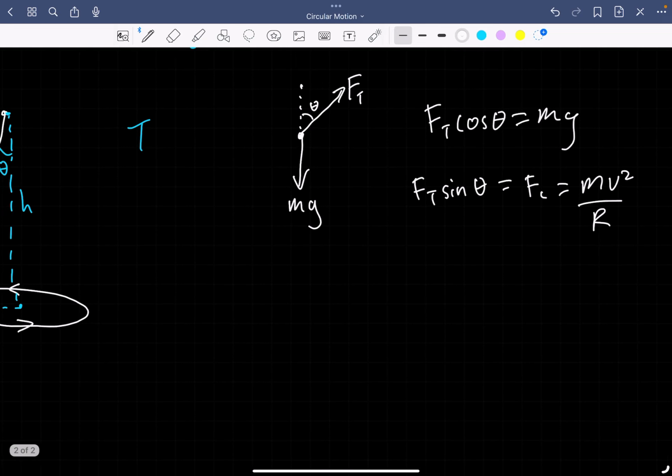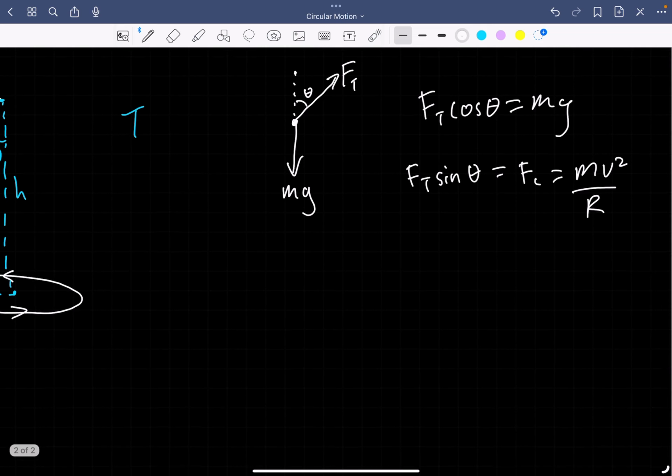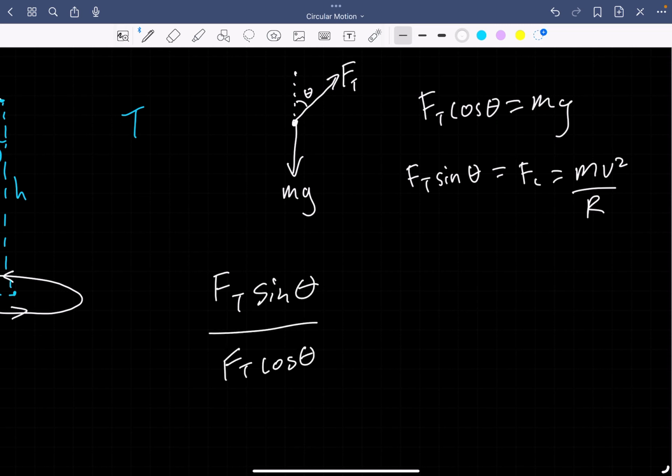And now we can do the same thing where we divide one of the expressions by the other. So if we divide Ft sine theta by Ft cosine theta, we get that that is equal to mv squared over r divided by mg.